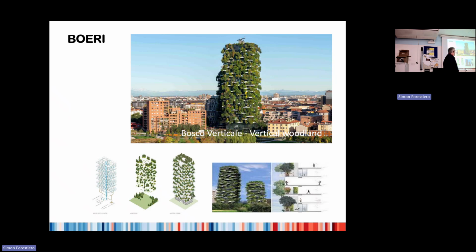This is a vertical or green woodland, as he terms it. Boeri, an Italian architect, is environmentally trying to create green parks vertically on certain schemes. So that again could really blend with the rock face that you've got or the landscape, and in terms of planning, that might be a better thing.